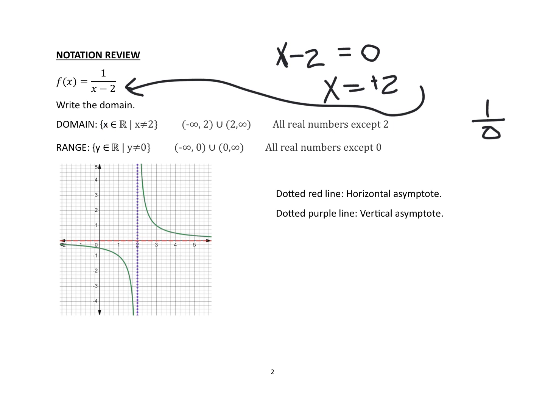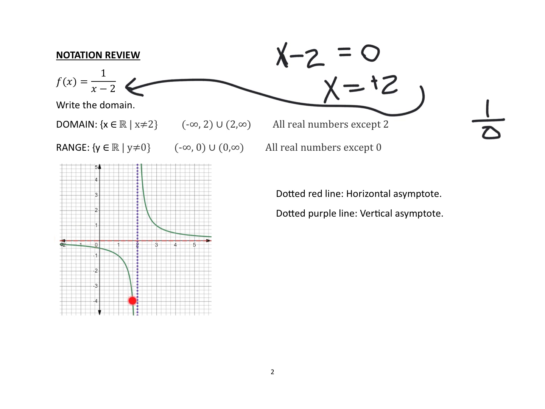I'm just saying x is a real number, but x such that x cannot be 2. Or I could write the same thing here, negative infinity to 2, then from 2 to infinity. Or I can say all real numbers except 2. Except x equals 2.